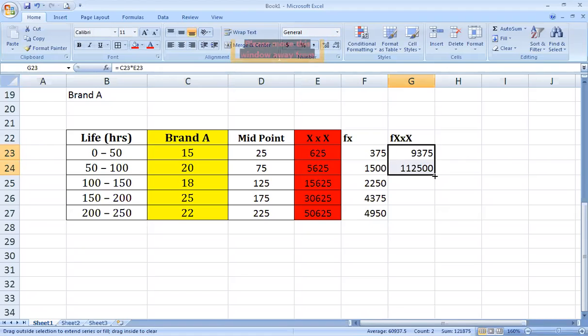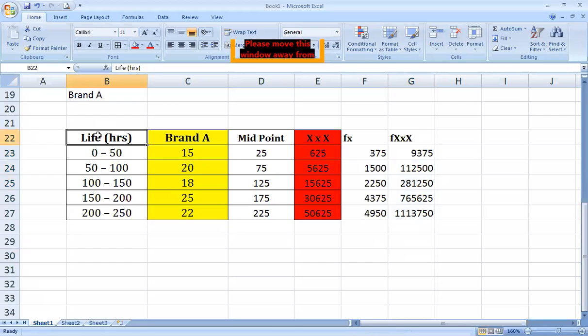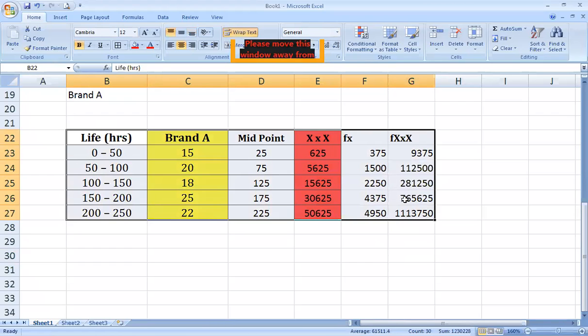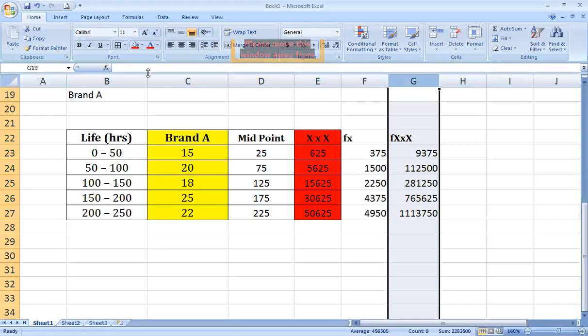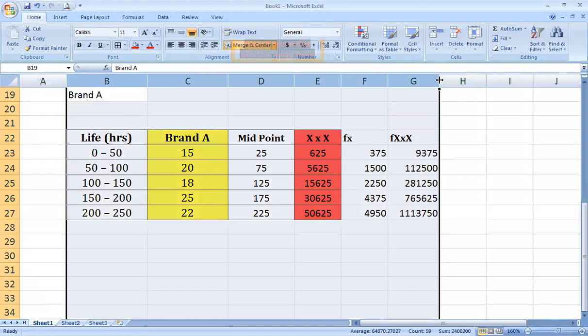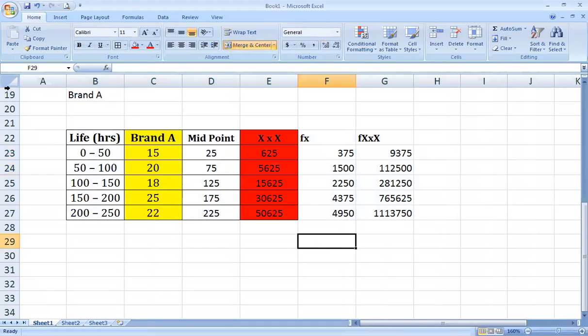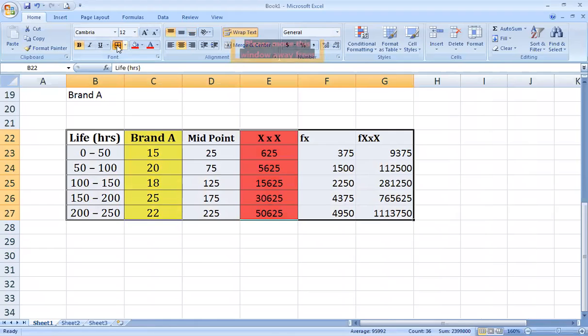Then 18 into 15,625, then 25 into 30,625, then 22 into 50,625. So these are our fx square values. Is there any doubt, guys? This is how we have to do it.